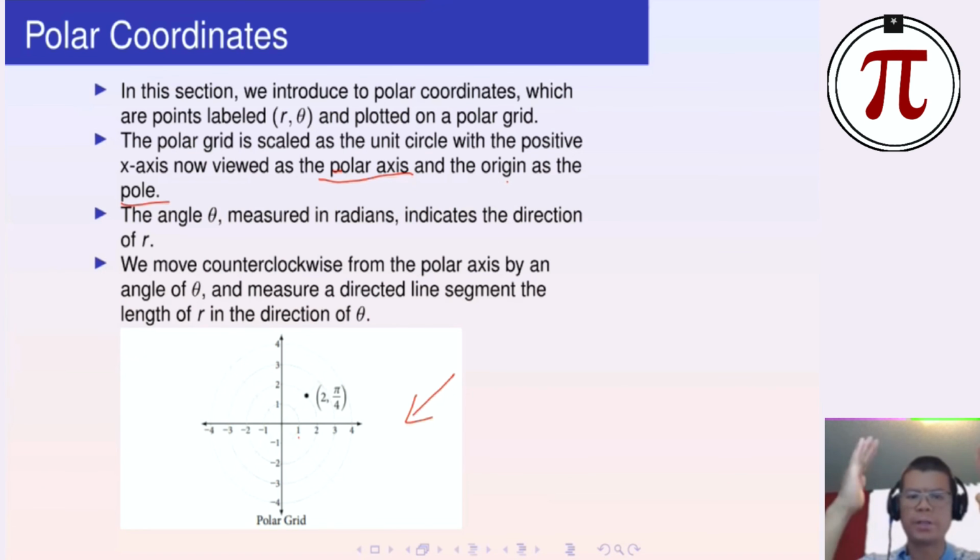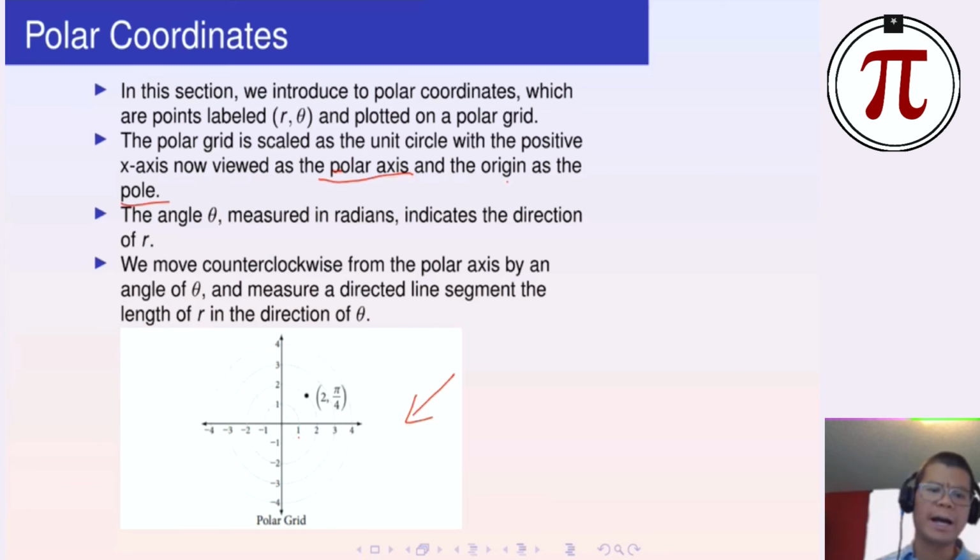The tower is at the pole, and it gives signal to the nearby area, depending on the distance to the tower, and you have these different circles and so on. So the x-axis is viewed as the polar axis, and the origin as the pole.